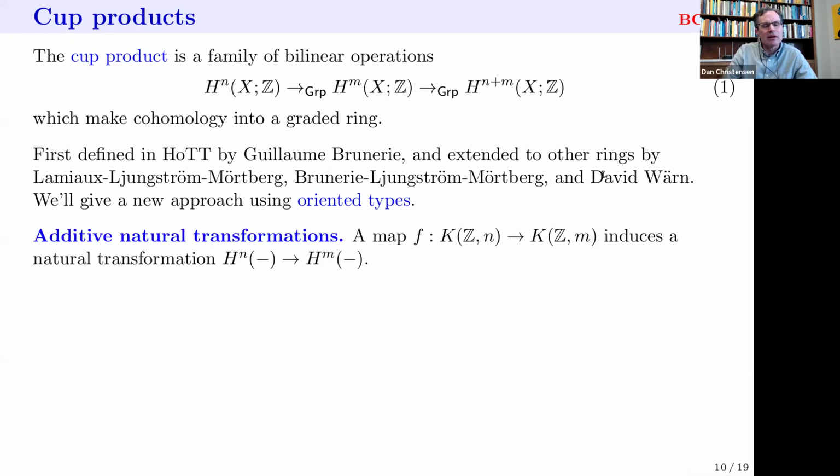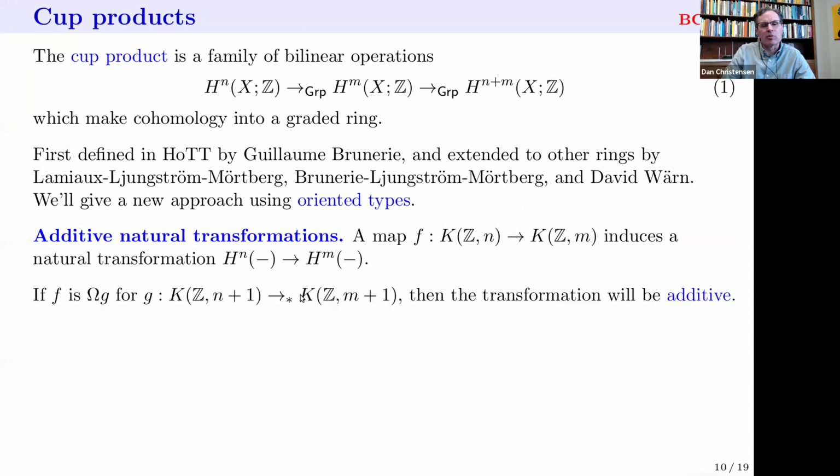Okay, so there's a little trick. This isn't really necessary for what I want to say, but it simplifies things. In general, when you want to give a map between representable functors, you can give a map on the representing objects. So if I have a map from K(Z,n) to K(Z,m), it induces a natural transformation on the cohomology functors.